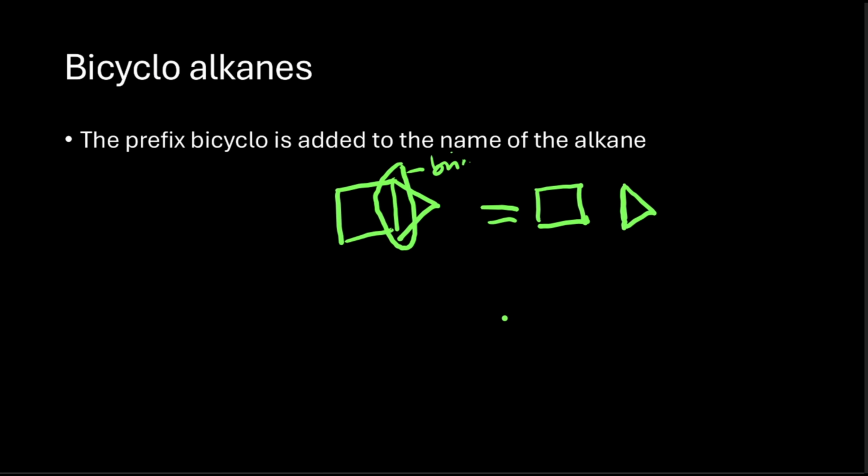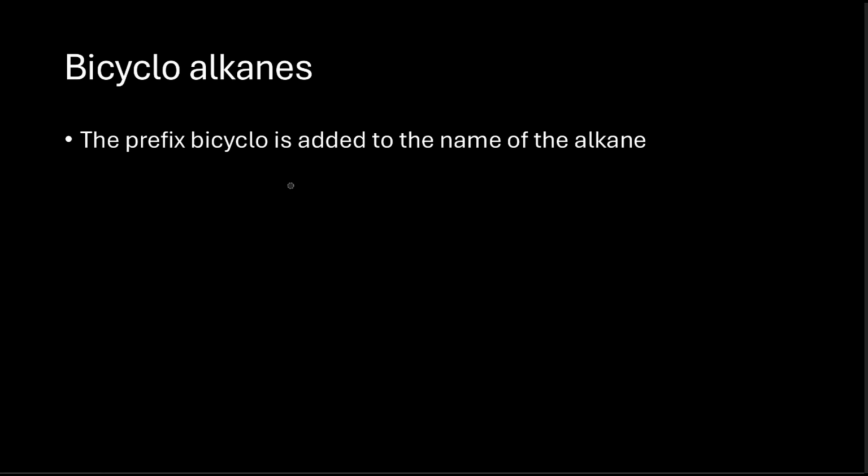Let's move on to the naming of bicycloalkanes. So, in naming bicycloalkanes, let's say in this particular way, we count the number of carbon atoms in our cycloalkanes. So, we start the numbering from the carbon atom at the bridge.